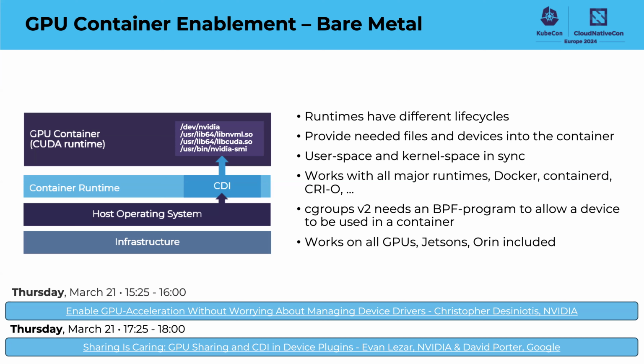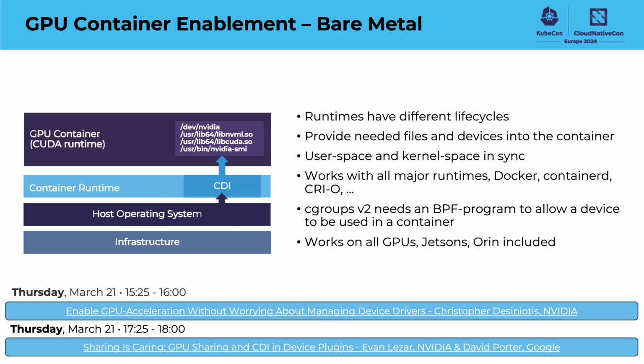What we're essentially doing is for each container, we're providing the needed libraries, binaries, and tools inside of the container with CDI, which is a technique that we recently added to major runtimes, which works with all major runtimes like Docker, containerd, CRI-O, and it works on GPUs, be it Jetsons, Orin, or all the enterprise GPUs.